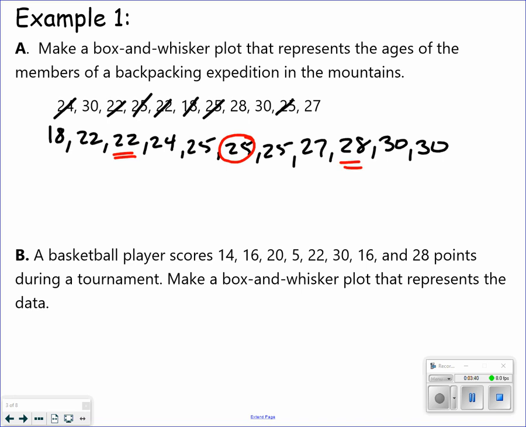So now here's what the box and whisker plot's going to look like. I'm just going to draw a big whisker, and I'm going to make a number line underneath. I'm just going to label it, so I apologize for this. But here's 18, the smallest number in the data set, and here's 30.